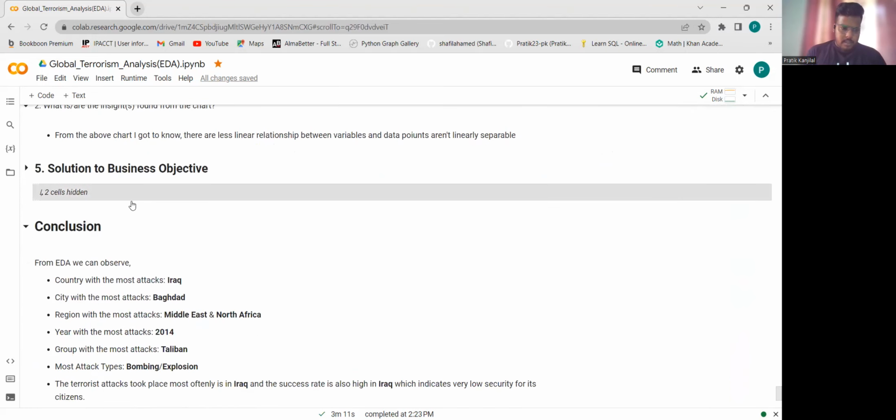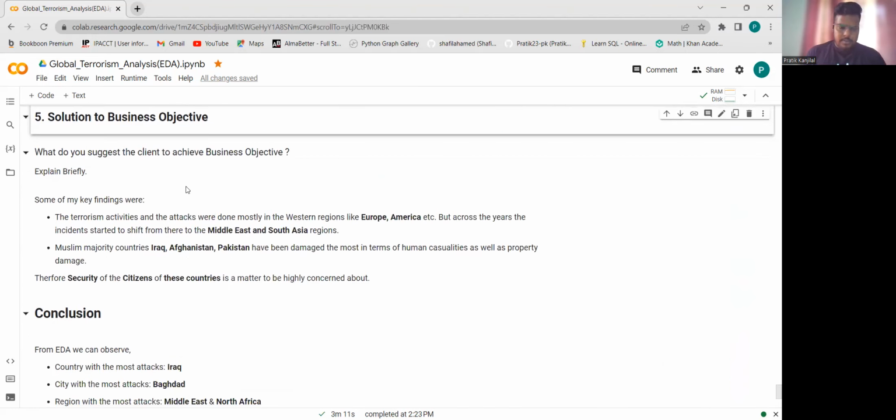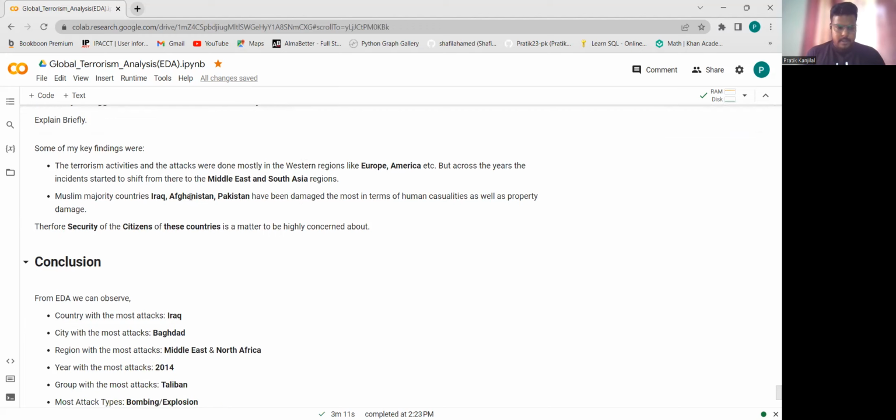Now coming to the conclusion part, and this is the solution from my side. Muslim majority countries have been attacked the most, and the Middle East and South Asia regions are nowadays being targeted the most compared to Europe and America, which were targeted in the earlier days of this data frame. So the security of these countries' citizens is to be prioritized at the top.